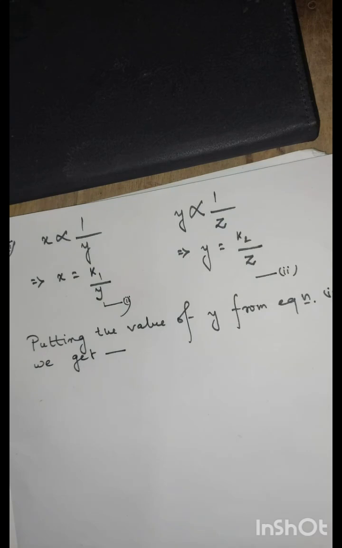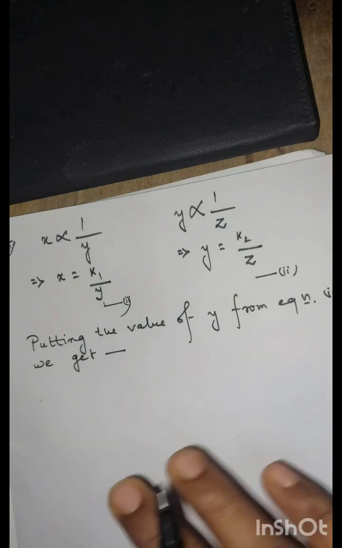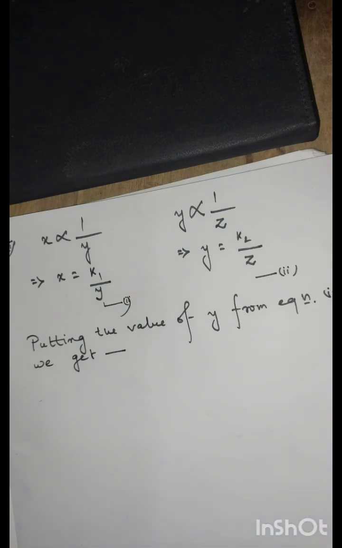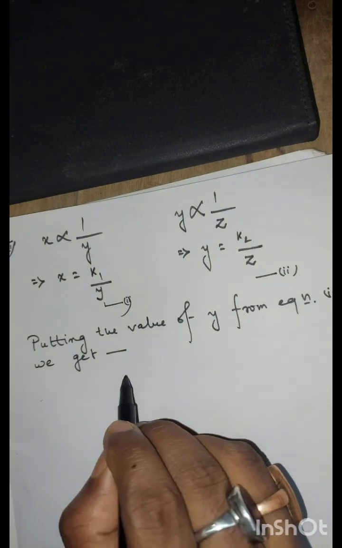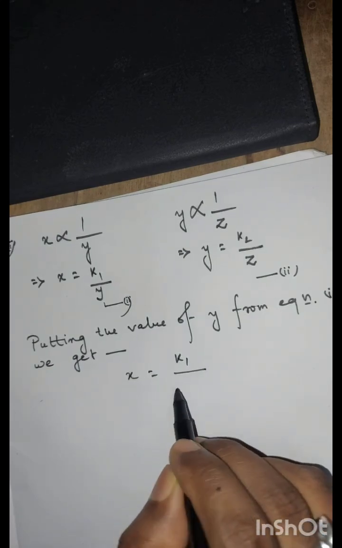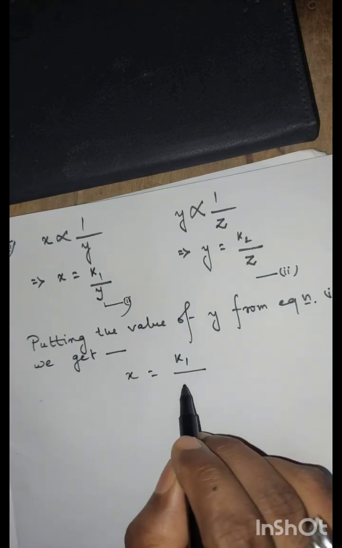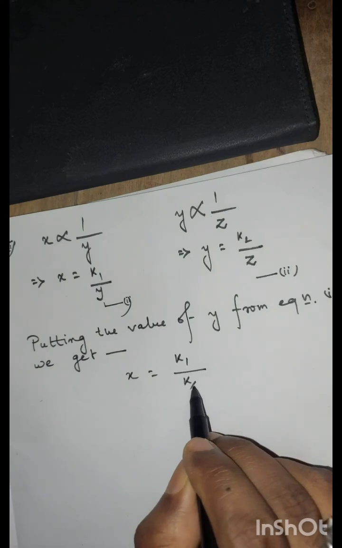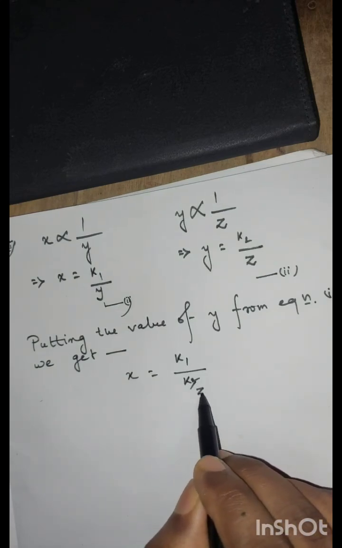Putting the value of y from equation 2 to equation 1, we get x equal to k1 by y, but in place of y we are writing k2 by z.